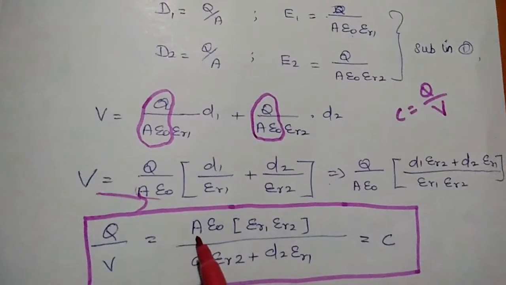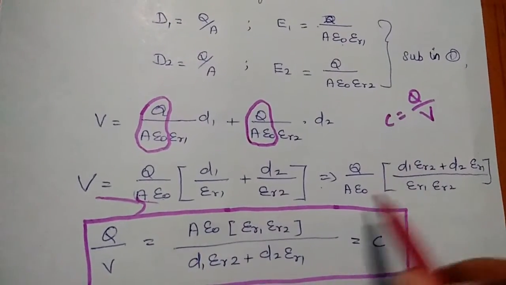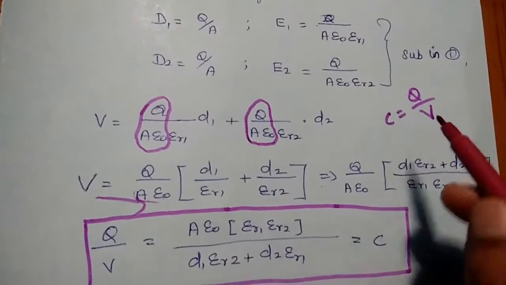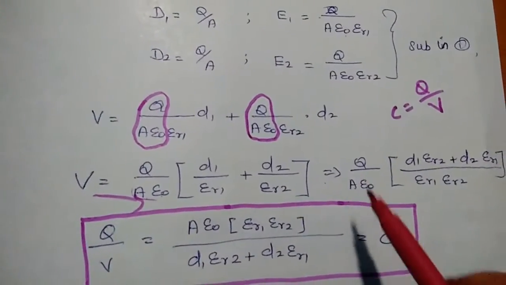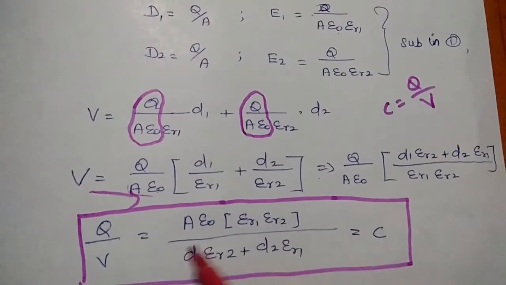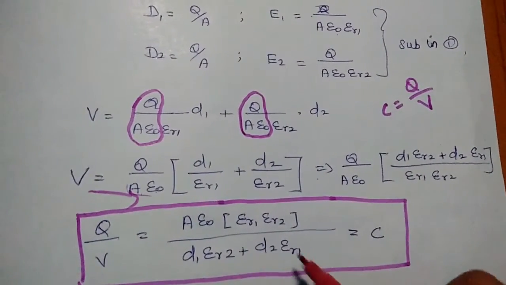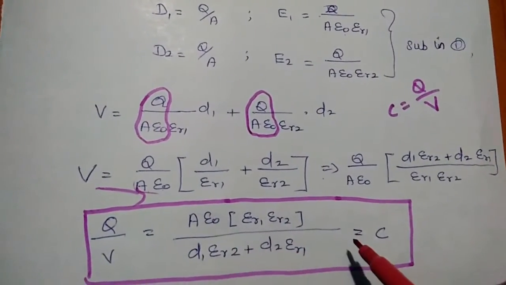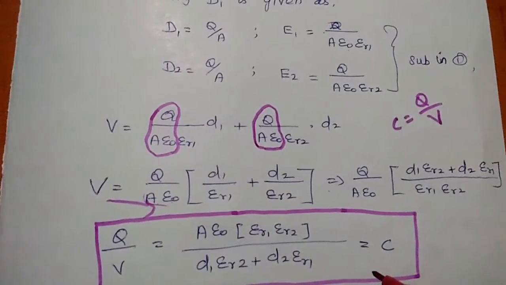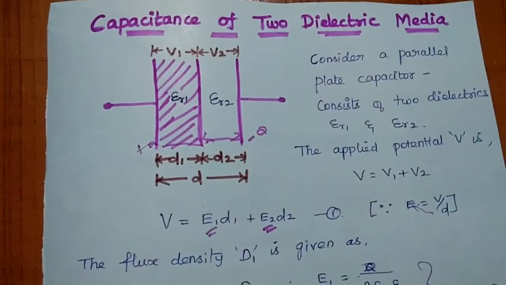So Q by V is equal to A epsilon naught, epsilon R1, R2 in the numerator divided by D1 epsilon R2 plus D2 epsilon R1 in the denominator. So that is nothing but capacitance value. Okay, this is for the capacitance of two dielectric media.